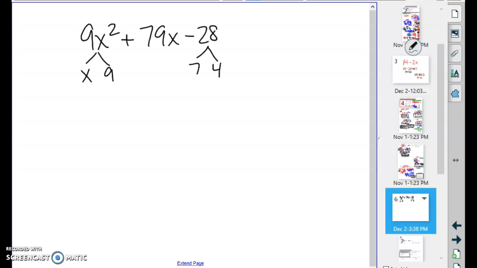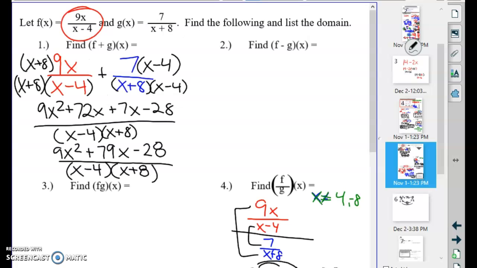So I went through and I was thinking, well, the best I have is x and 9x and 7 and 4, but that gives me 63x and 4x. There's no way I can make 79 out of that. So I can go back and say, yep, this right here, that's as good as it gets. So that's simplified and all pushed together.